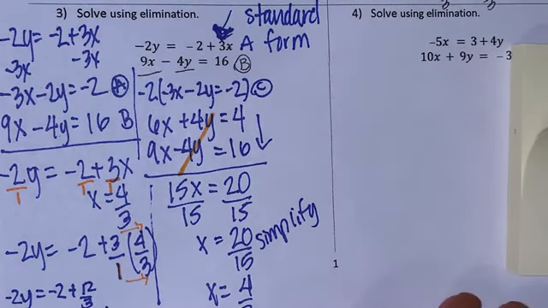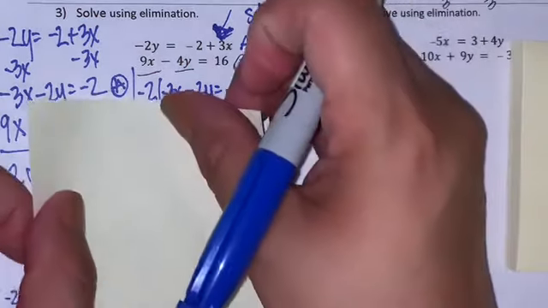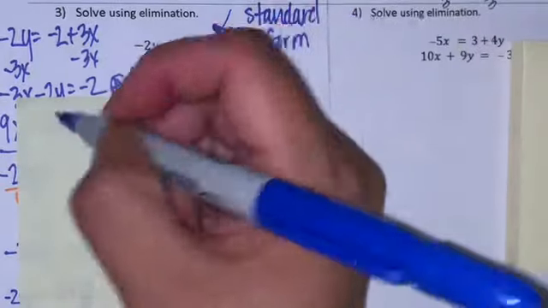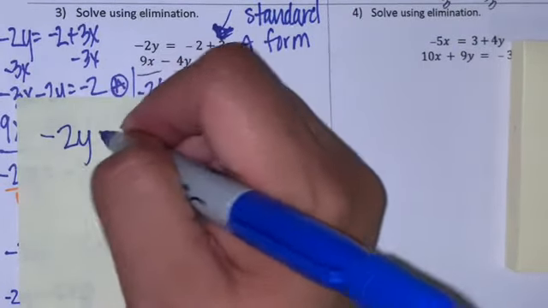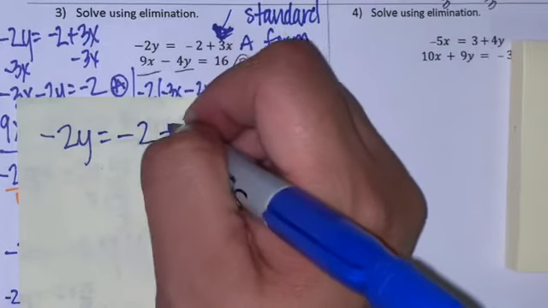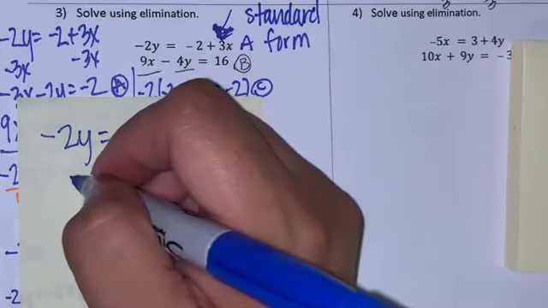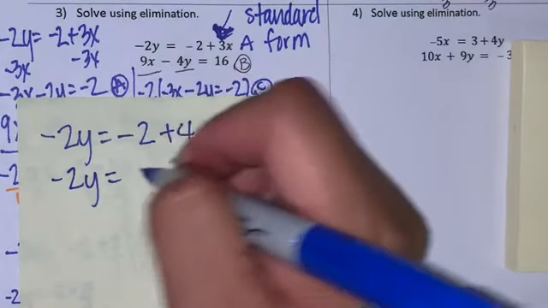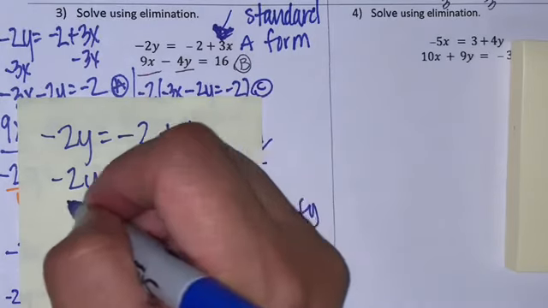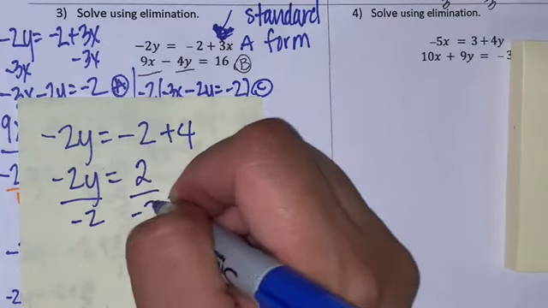And I'm just going to get a Post-it. So negative 2y equals negative 2 plus 4. Negative 2y equals 2. Divide both sides by negative 2.